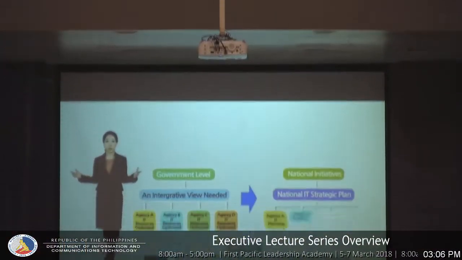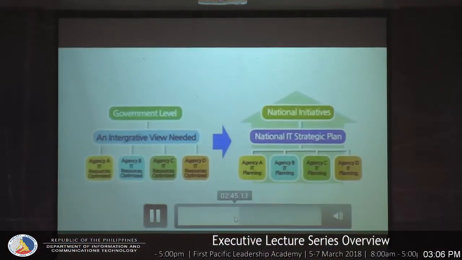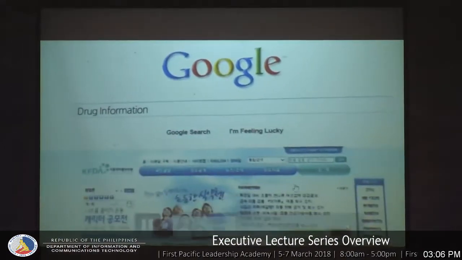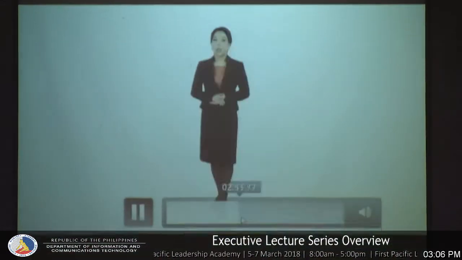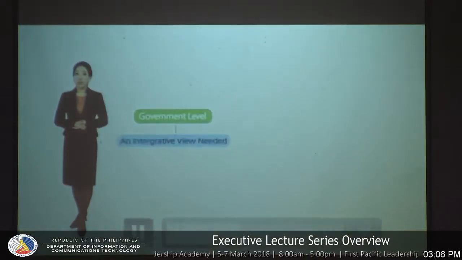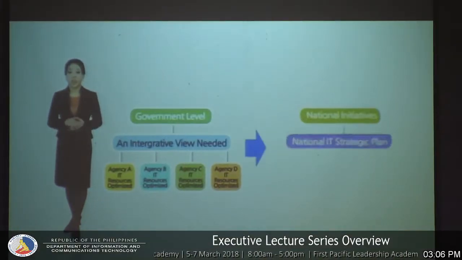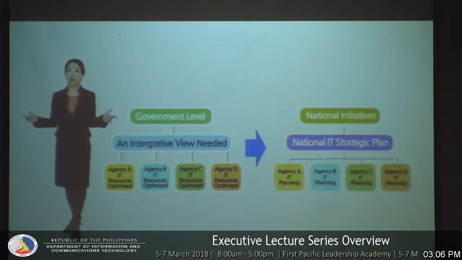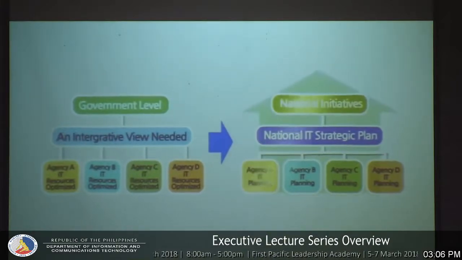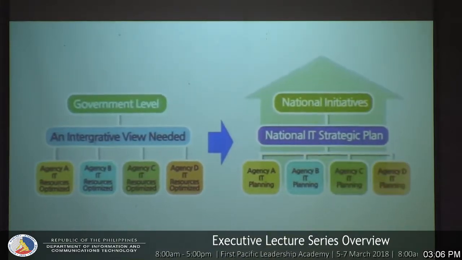And management measures were required to provide e-government that provides the desired service, and therefore a national level information system integration and management measure were required to provide e-government services in an efficient and systematic manner.